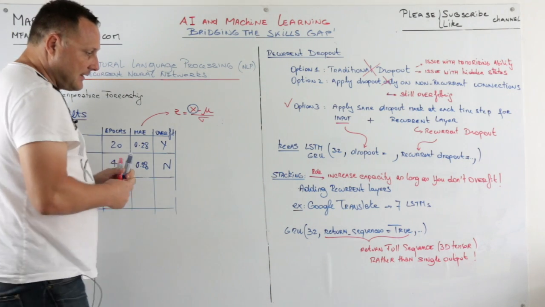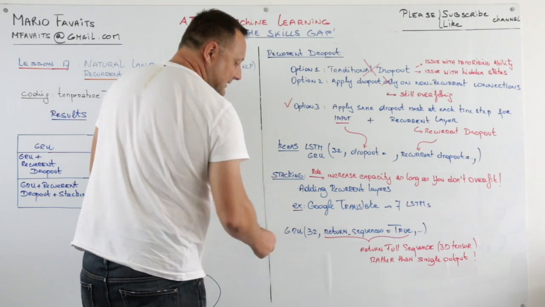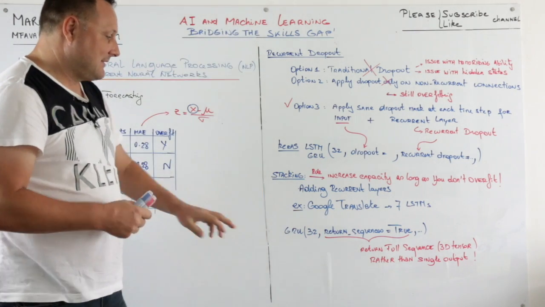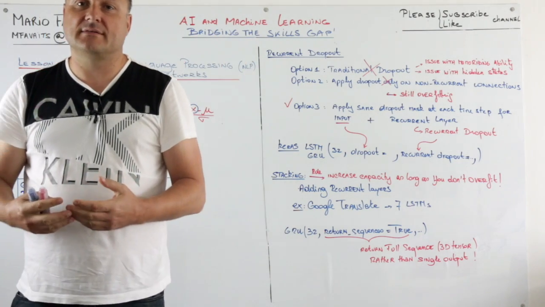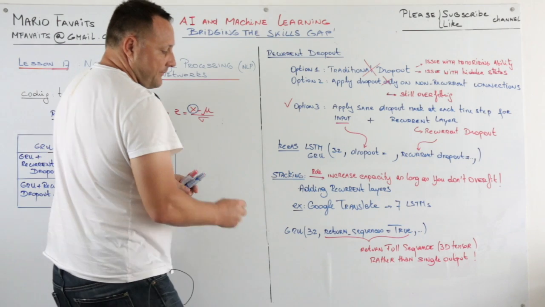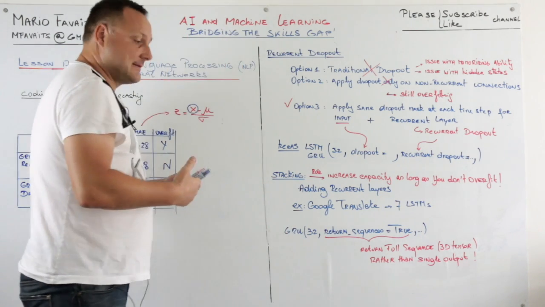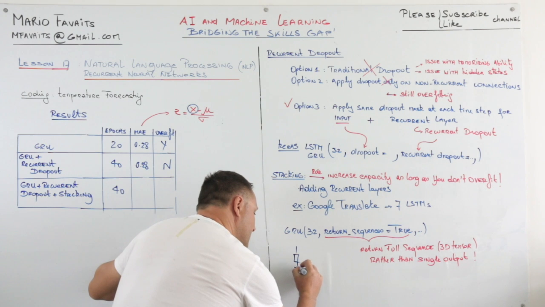How do we implement this in Keras? Well, there is this return sequences argument that we need to set to true. That means that, remember, we have these recurrent layers here.